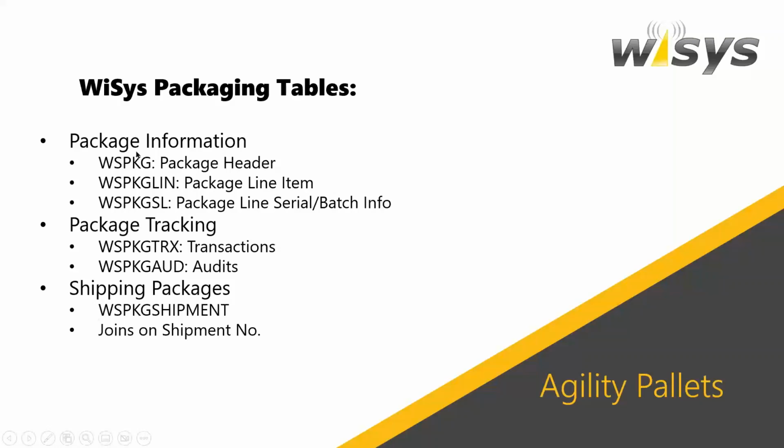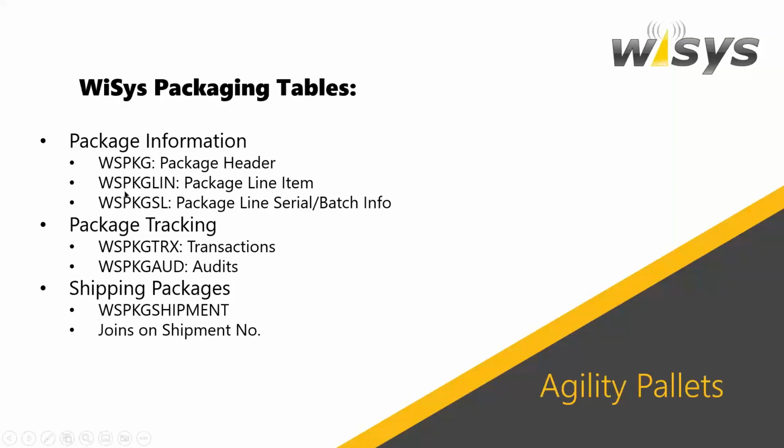So here from within package information, we have 3 main views or tables that we want to look at. So first we have WSPKG. That's going to be our package header information. That's any information that relates to the package as a whole. So your package number, your package type, what bin the package is in, that data is going to be in WSPKG.